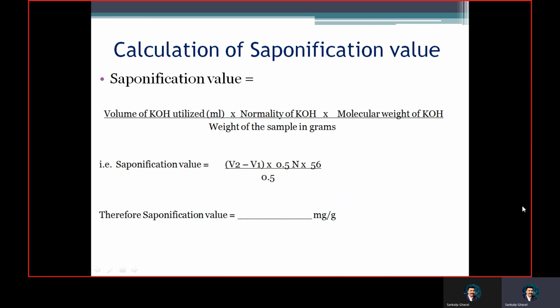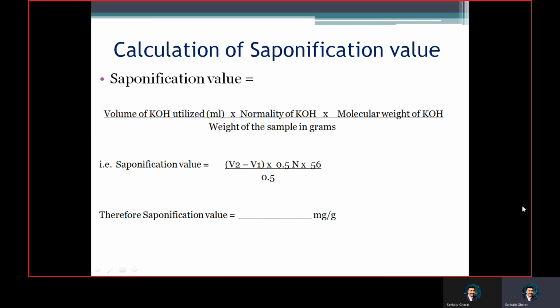Then we'll calculate the saponification value. Saponification value can be calculated as volume of KOH utilized. So what was the volume of KOH utilized in the saponification value determination? It was V2 and V1, so that is V2 minus V1 ml of 0.5 normal HCl. When you subtract V2 minus V1, we will get the volume of KOH which is utilized.